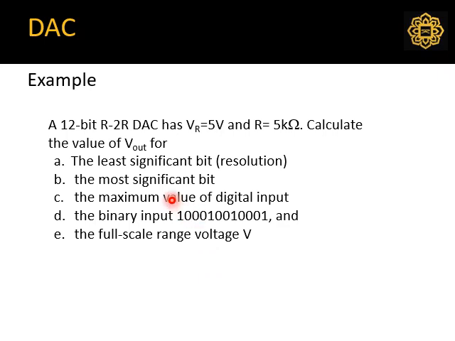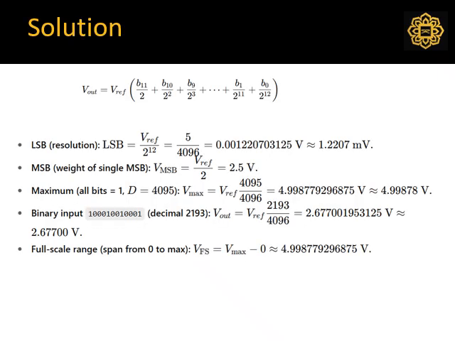A 12-bit R-2R DAC has a reference voltage Vs of 5 volt, and R is 5 kilo ohm. What is the value of Vout for the resolution, MSB, maximum value, a particular binary input, and the full scale? It's exactly the same as the previous example, so we just carry it out.